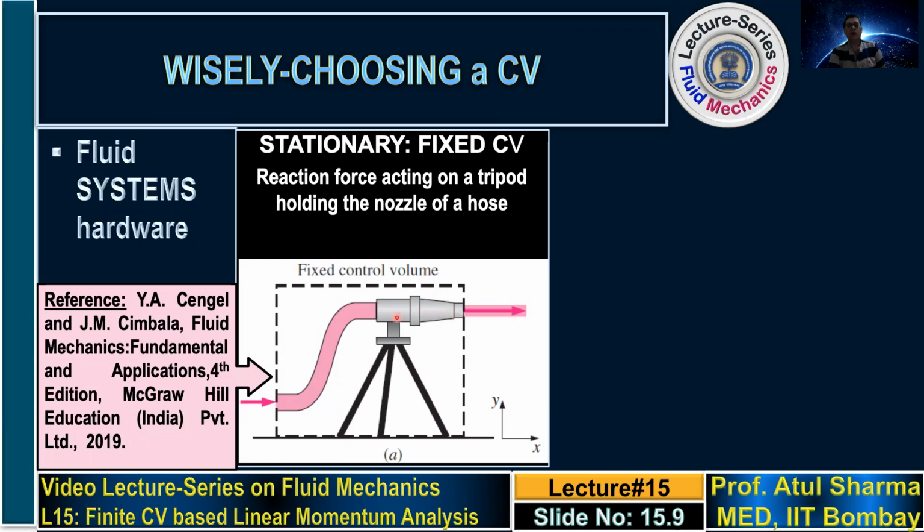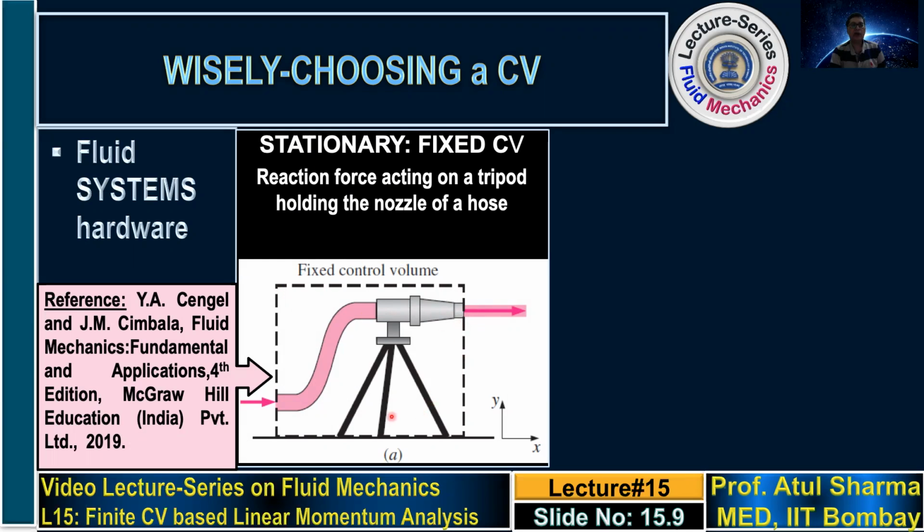All of you know that when the fluid passes through a nozzle, it comes out with a larger velocity. There is a reduction in the area, and there is an increase in the velocity. So when the jet is coming out with a larger velocity, there is a certain force which acts on the tripod. To calculate that force, we take a finite fixed control volume.